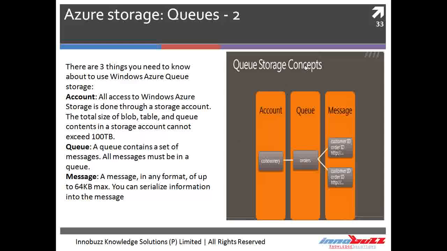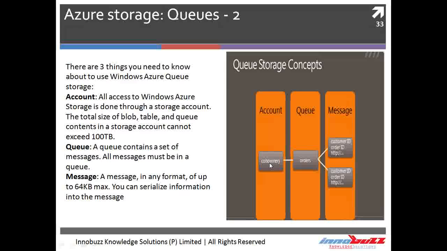Of course, they say it can't exceed 100 terabytes, but I'm sure by the time you reach 100 terabytes, they will increase it a lot, or the whole architecture will have changed. A queue contains a set of messages, and all messages must be in a queue. And a message can be in any format, up to 64 KB max. So you can serialize information into messages.